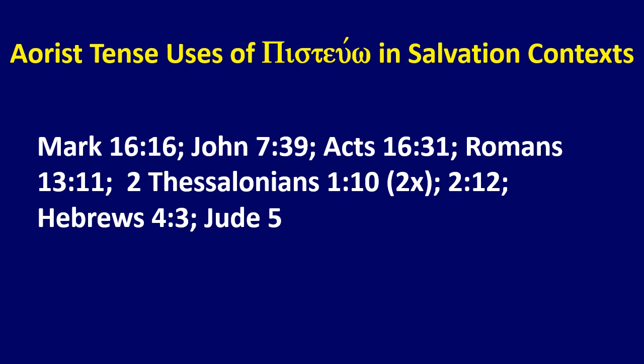And in chapter 4 of the book, I cover this issue of the present tense versus the aorist tense. Oftentimes, people have said in the past, like John MacArthur and other prominent Bible teachers, that the present tense shows that, for example, you have to continue to believe in order to be truly saved. Well, if that were the case, then how do they explain all these other aorist tense uses of the same verb pisteuo found in salvation contexts throughout the New Testament?